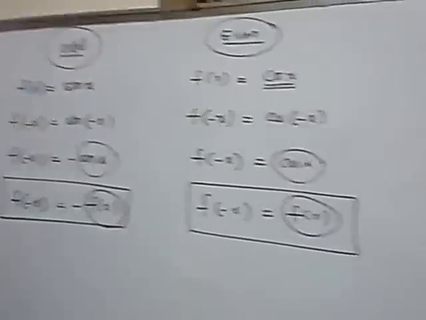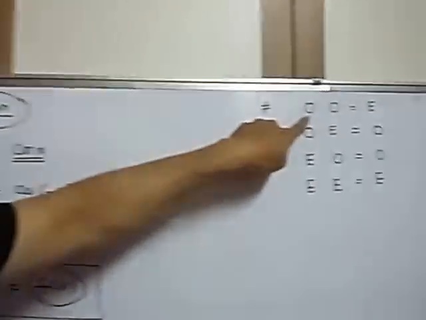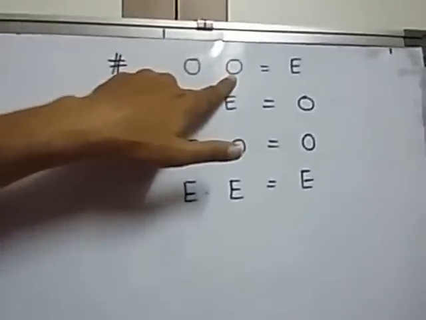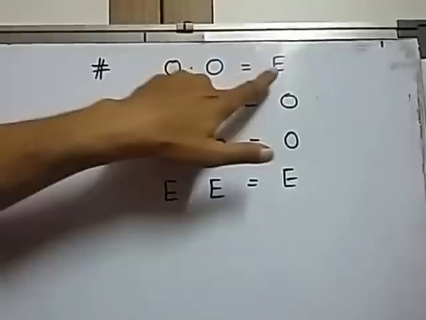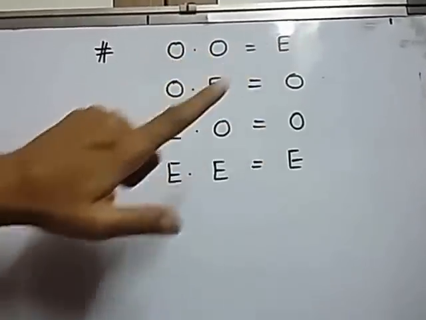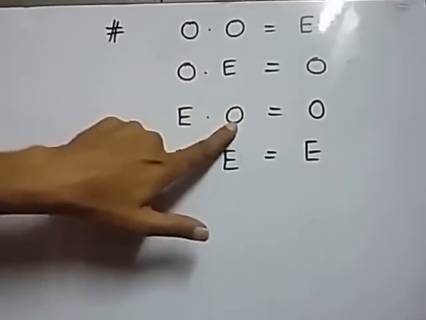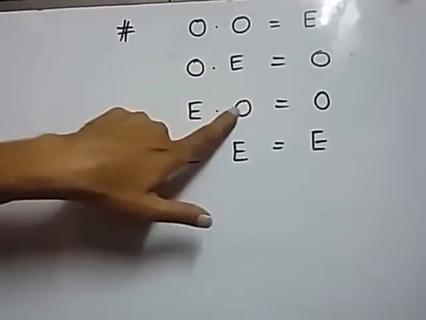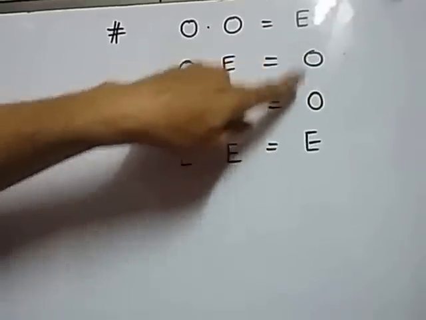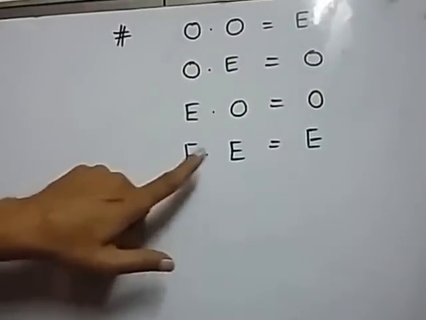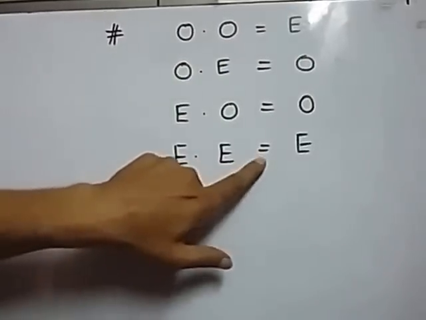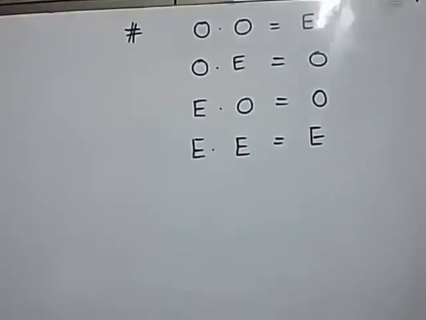Next, when we have one odd function multiplied with another odd function, remember the answer will be an even function. When you have one odd and one even function multiplied, the answer will always be an odd function. Even function into even function is going to be an even function.